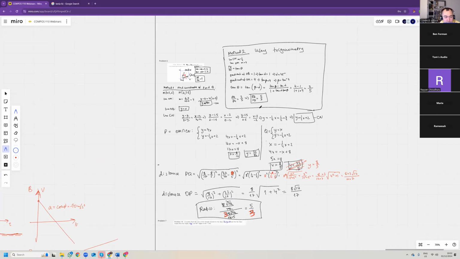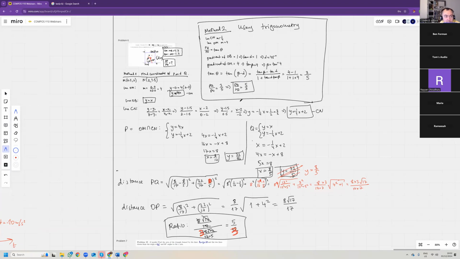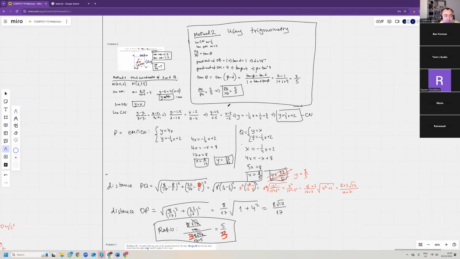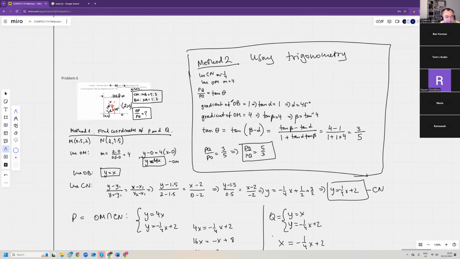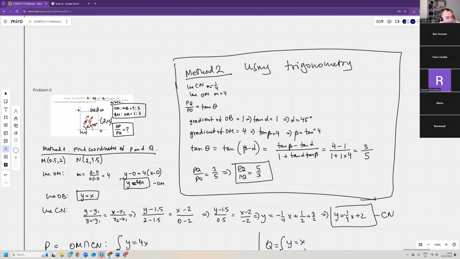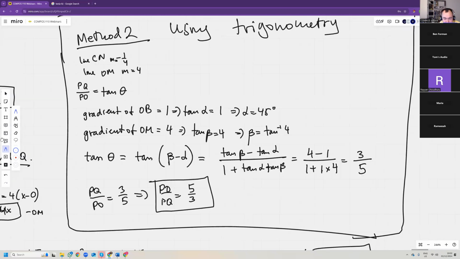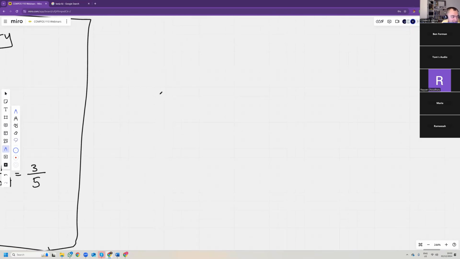Nice. Which method did you like more, method 1 or method 2? Method 2. Okay. Yeah, it's very nice because if you realize that you have a line and you know the angle, you have another line and you have another line.